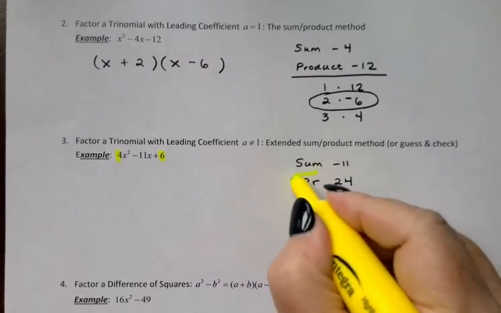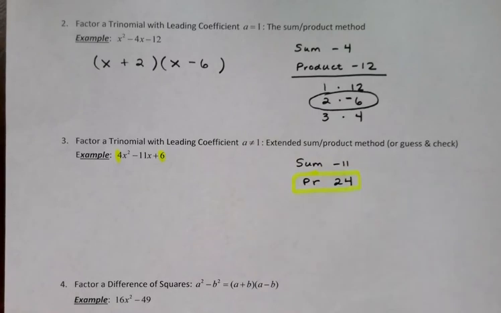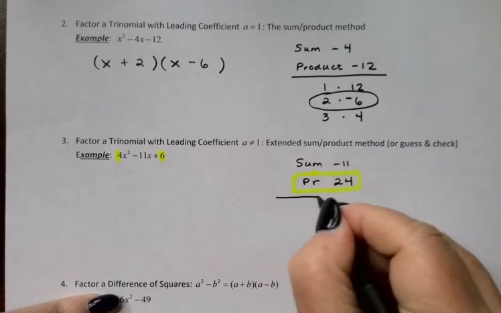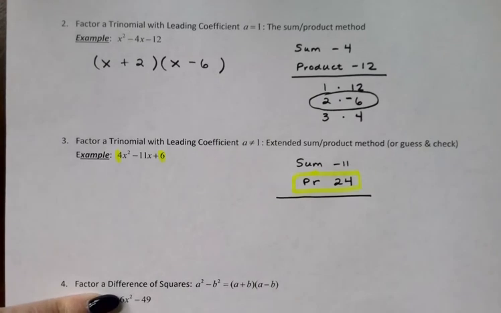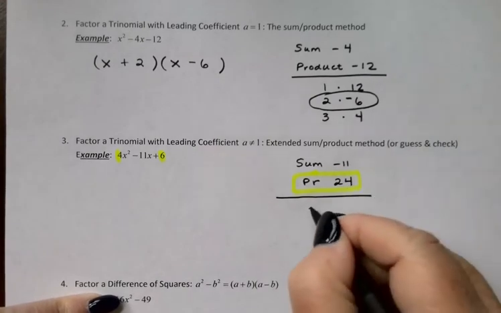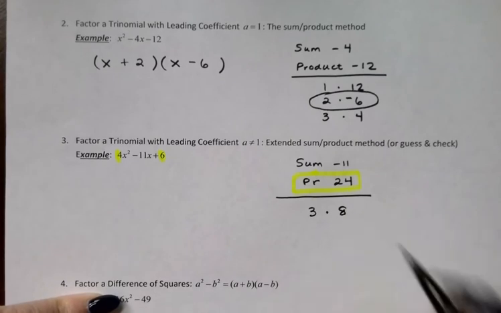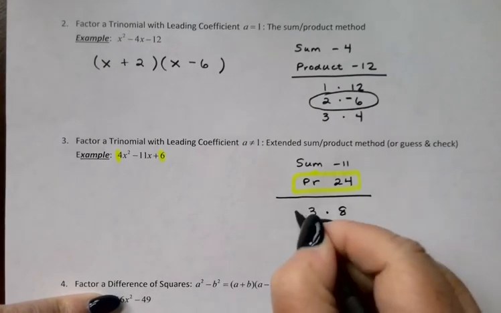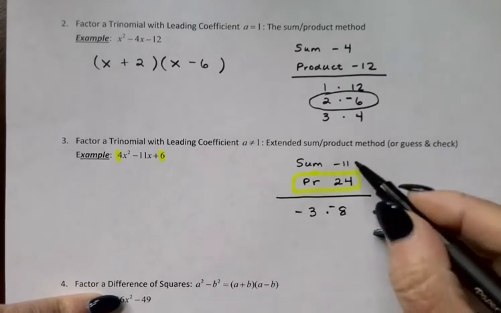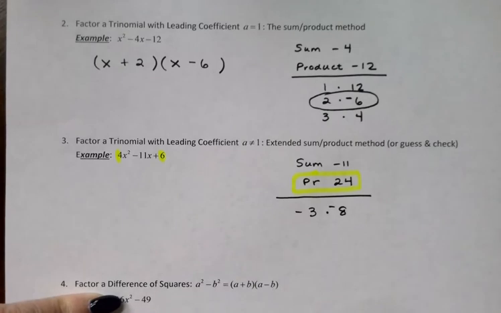So for the product in this method, you have to multiply A times C, or first times last. Looking at those, I'm thinking 3 times 8 definitely gives me 24. And if I made them both negative, I would still get a positive 24 for a product, but now they add up to a -11.